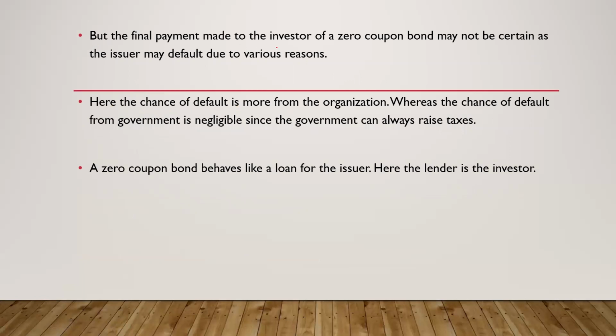Here, the final payment made to the investor of a zero coupon bond may not be certain as the issuer may default due to various reasons. The chance of default is more from an organization, whereas the chance of default from the government is negligible since the government can always raise taxes. So if a government issues a bond, the investor will feel safe.